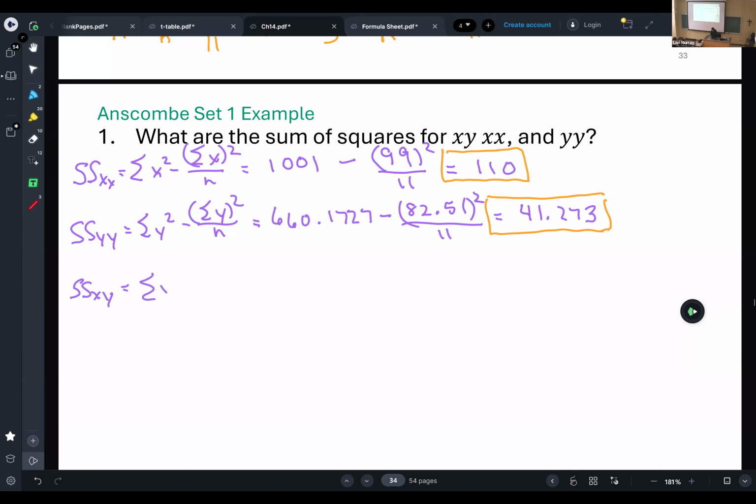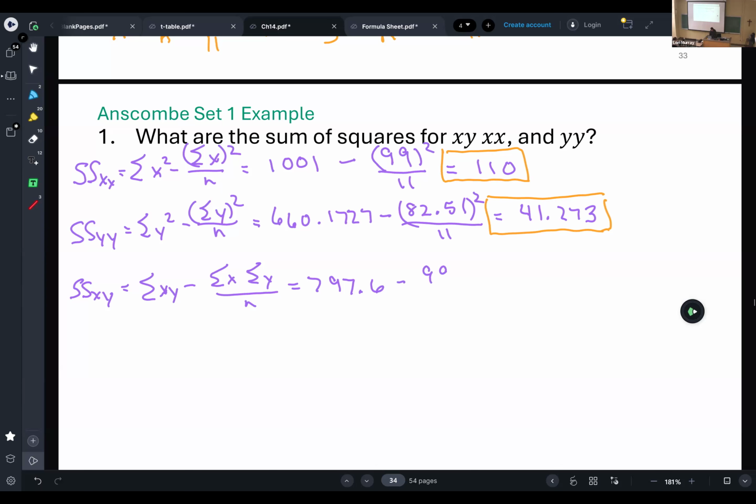So finally, the last one, the sum of the products of the pairs. We multiply each xy pair and then subtract the sum of the x's, which we have, times the sum of the y's, and divide by n again. If you go through each one and multiply them, I get 797.6.